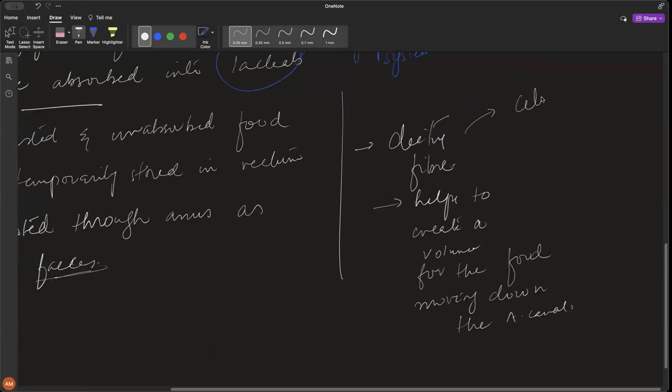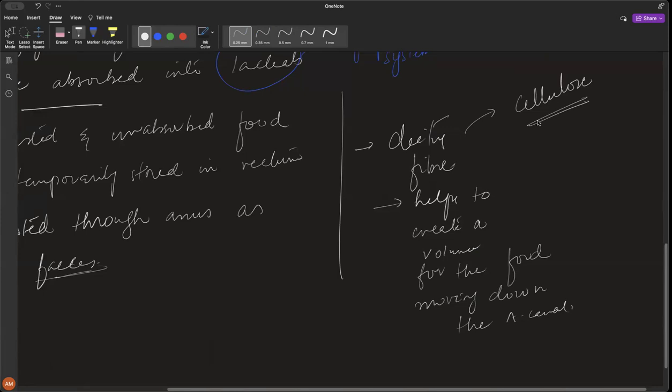Cellulose. And where is cellulose present? In the peels of fruits, leafy and forage kinds of foods, like the peel of an apple, the peel of potatoes, right?